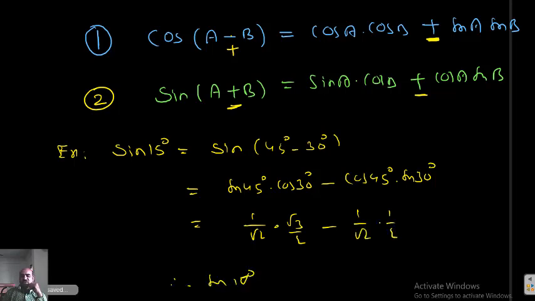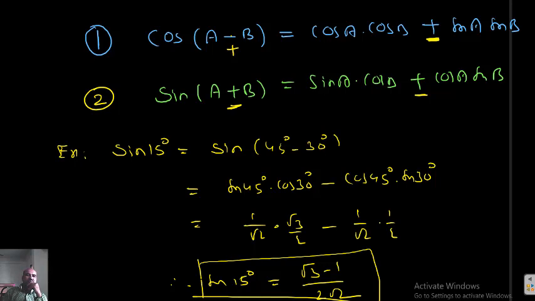Therefore sin 15-degree value equals (root 3 minus 1) by 2 root 2. Next, I want to find the value of sin 75-degree, which is sin of (45 plus 30). Plus should be written here, plus here, so you will get sin 75-degree equal to (root 3 plus 1) by 2 root 2.